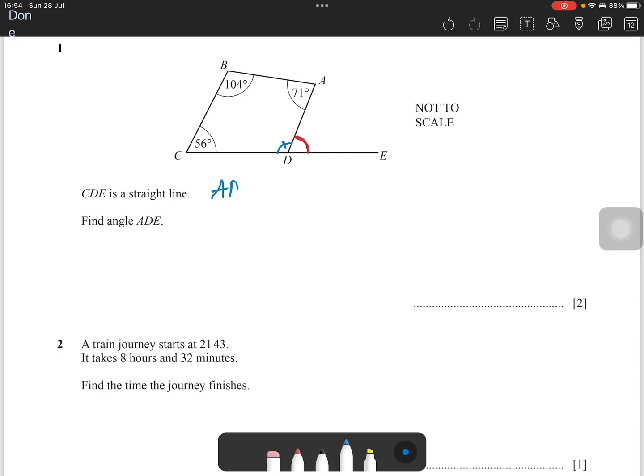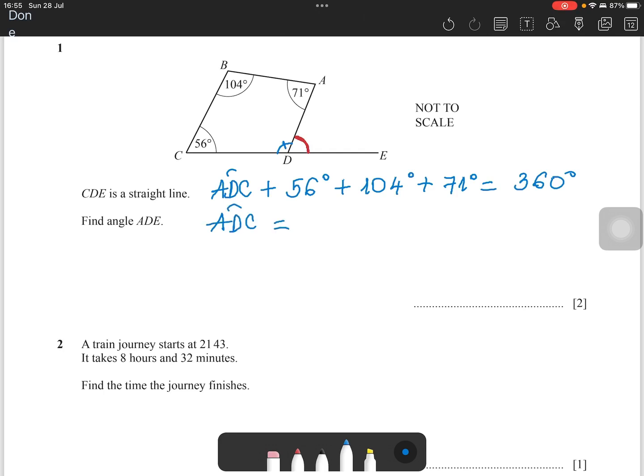So ADC plus the other three angles equals 360 degrees, because the four angles in a quadrilateral add up to 360 degrees. From this, we know that the angle ADC is equal to 360 subtract the other three angles.